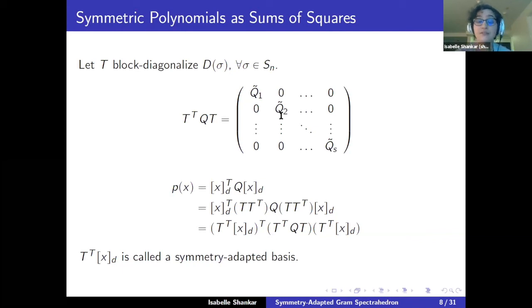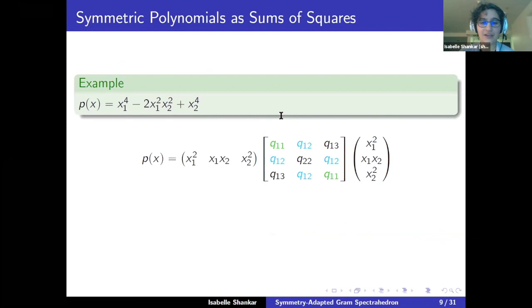Other questions? So let's go back to our example. I'm going to end by showing you the block diagonalized form of this, essentially.